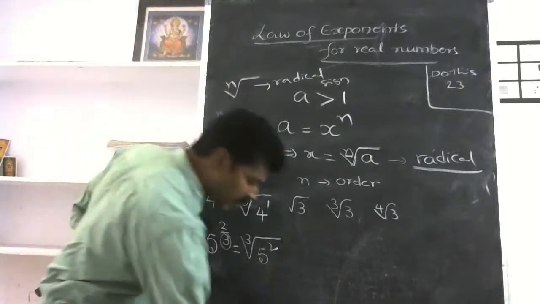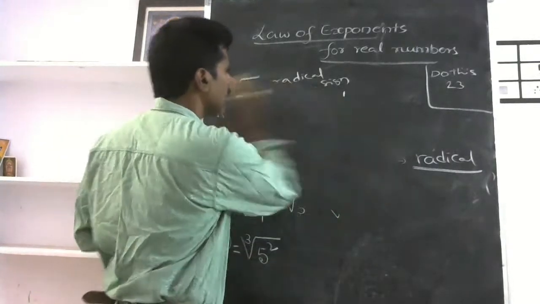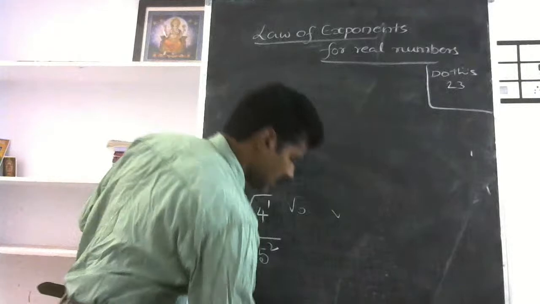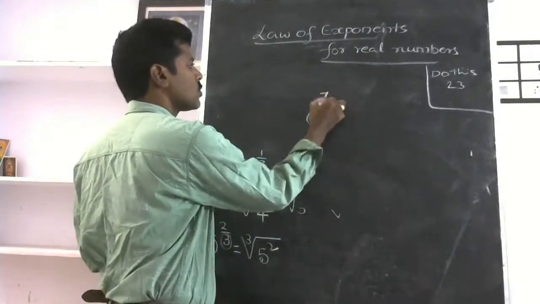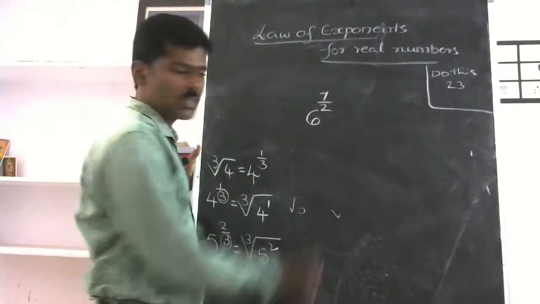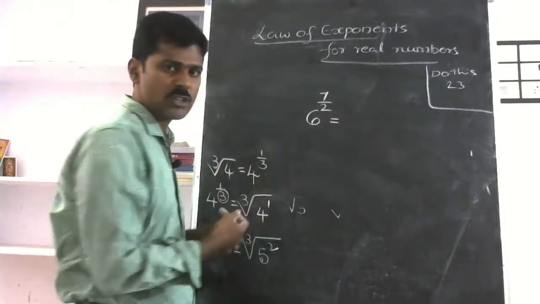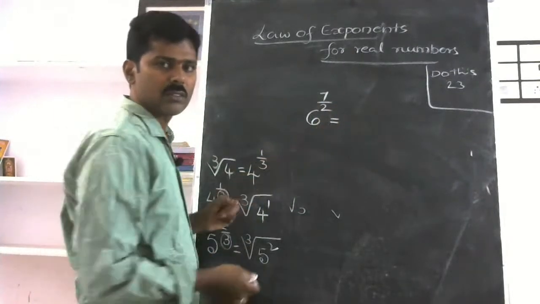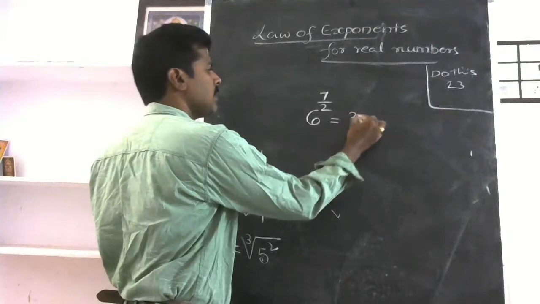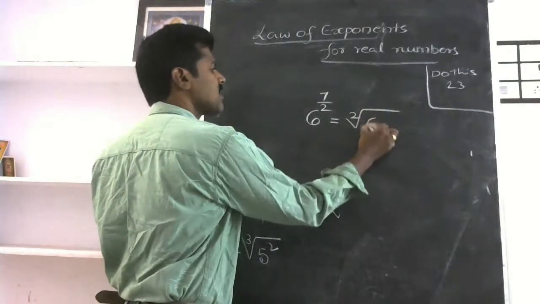I am giving you one more example. 6 power 7 by 2, if you want to write. This is exponential form. Converting into radical form, the order will be square root, and 6 power 7.